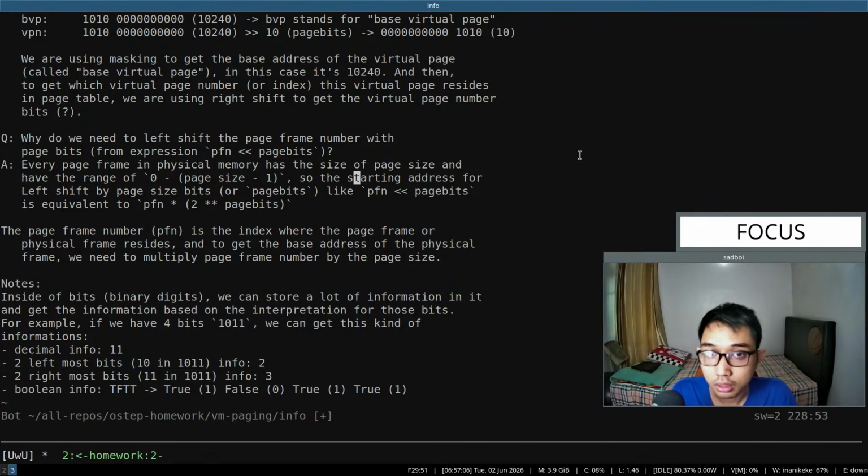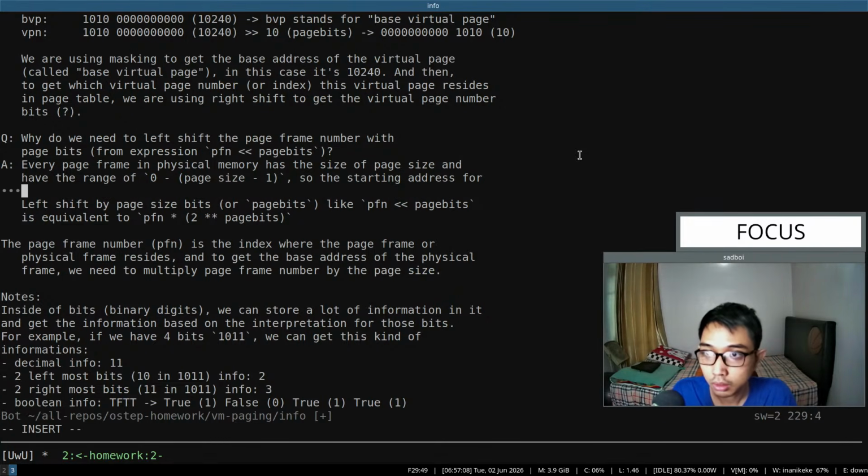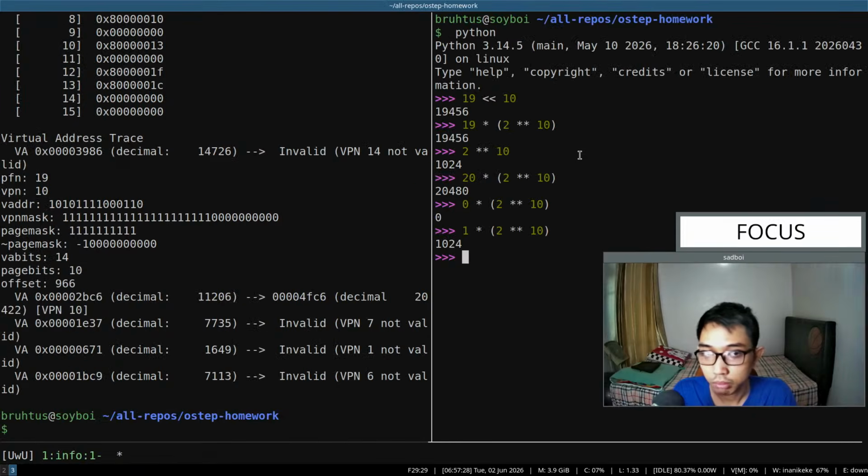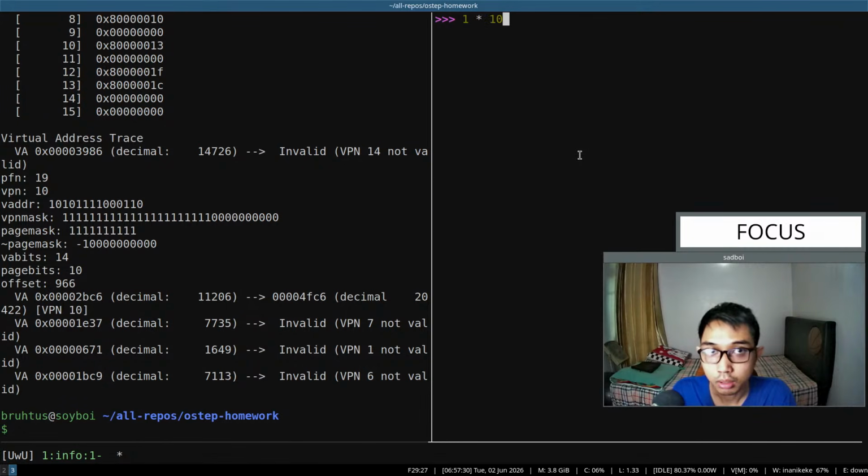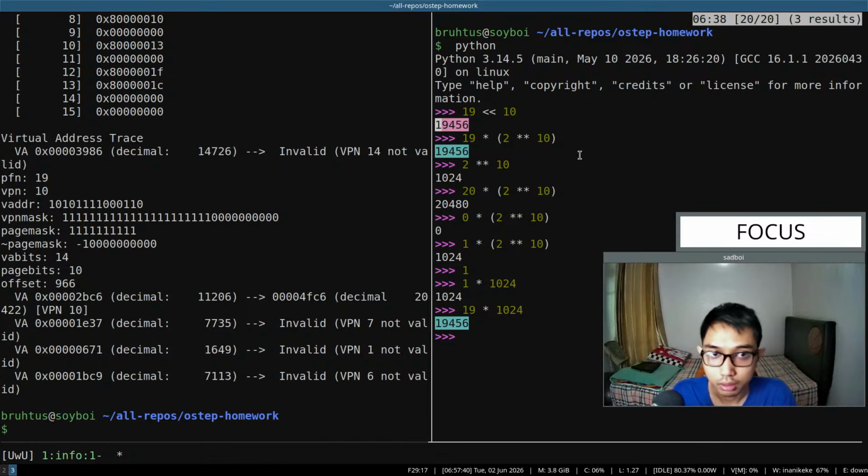So the starting address for each page frame is page number multiplied by page size, right? And if it is 19, let's say, okay, something like this.